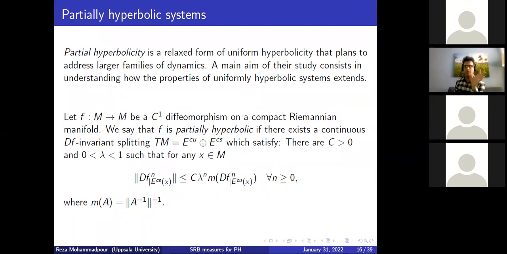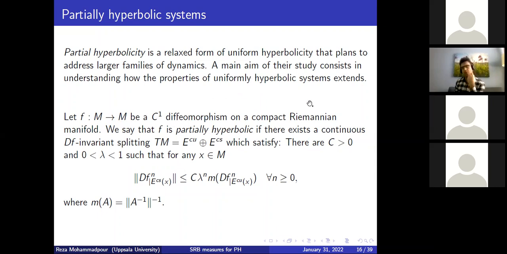In all definitions I consider partially hyperbolic systems on the whole manifold, but everything works if you restrict it to some attractor or some invariant compact set. Let F be a C^1 diffeomorphism of a compact Riemannian manifold.